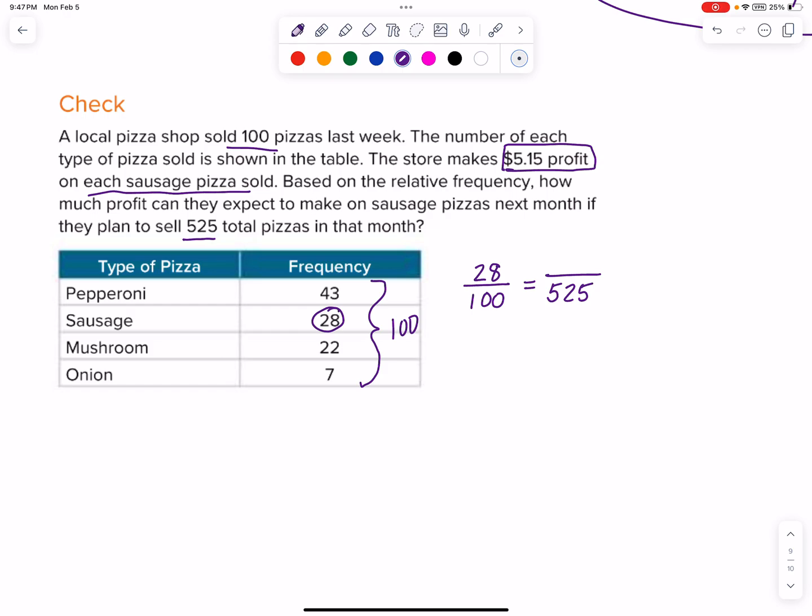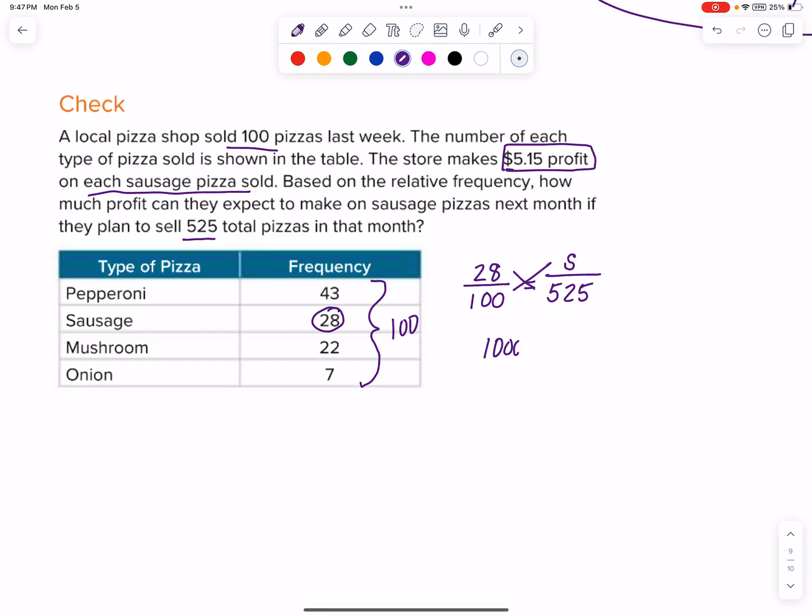So the only thing is, you have to cross multiply. You're not going to be able to visually just see this easy equivalent fraction problem. Okay, so let's go ahead and see how many sausage. We'll do an S for sausage. I'm going to go ahead and cross multiply.